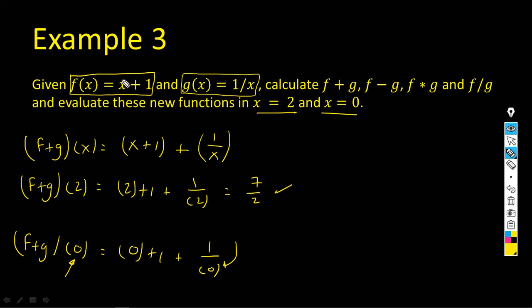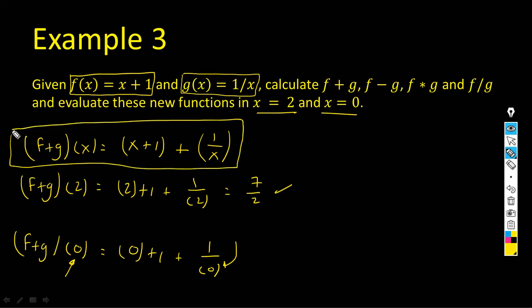So when you add both functions and you produce this new function, what's going to be the domain of this new function? Does it have something to do with the independent domains of each of these functions? Yes, it has to do. The domain of this new function is said to be the intersection of these two domains.